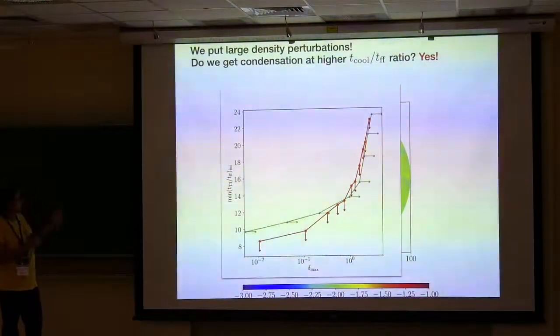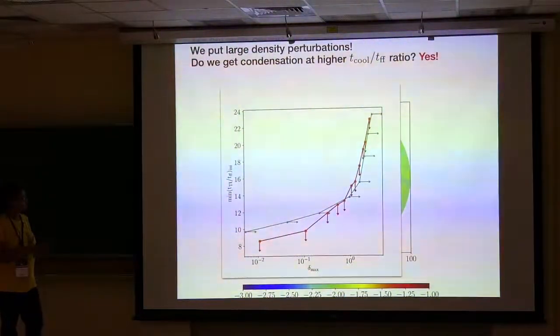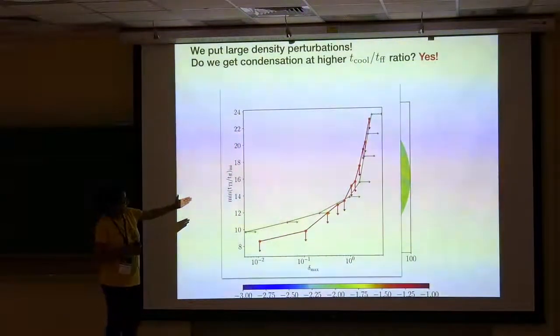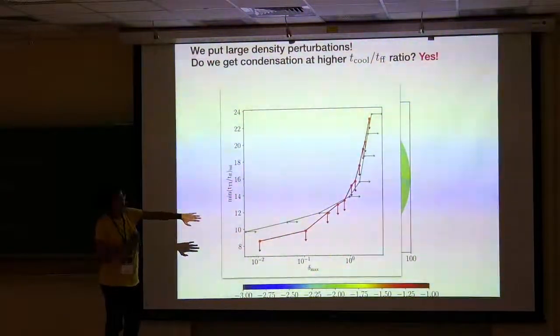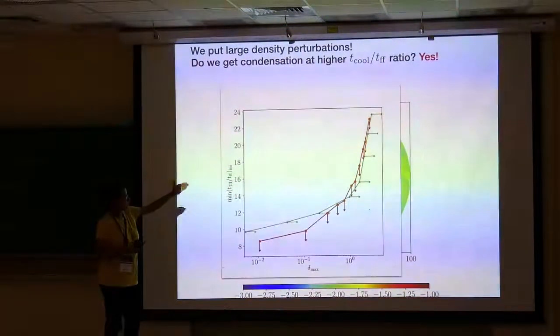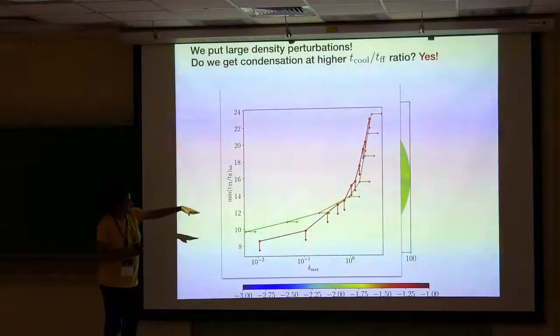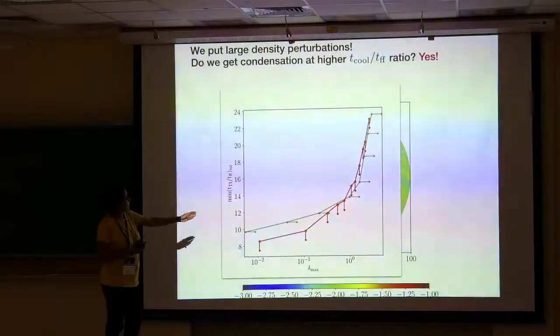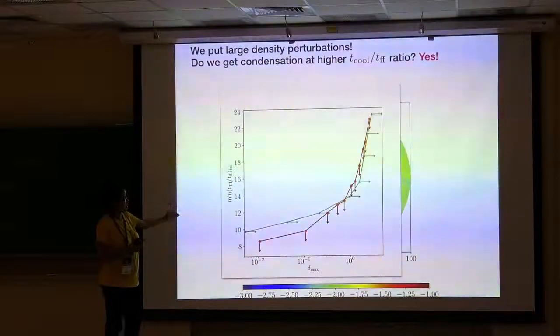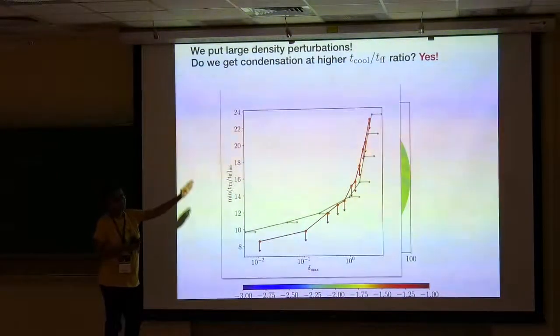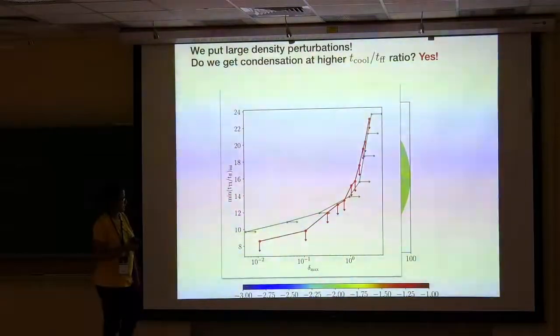So the y-axis is essentially T_cool by T_ff, and we see that as we go towards larger and larger density perturbations, cooling is decoupled from the effect of the mean T_cool by T_ff. Everything in the space below this curve shows multiphase condensation. Space above this curve doesn't. As we go to larger density perturbations, the curve is very steep, and the mean T_cool by T_ff doesn't really have any effect. No matter how high the T_cool by T_ff is, we see multiphase condensation.